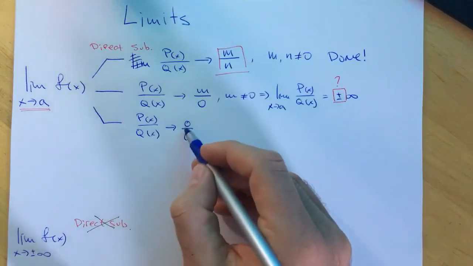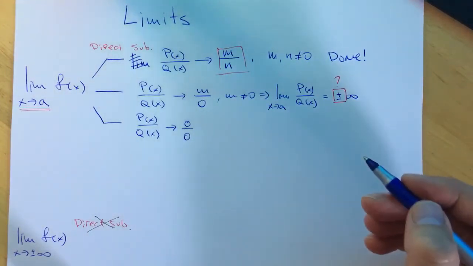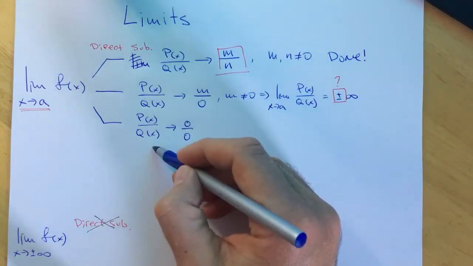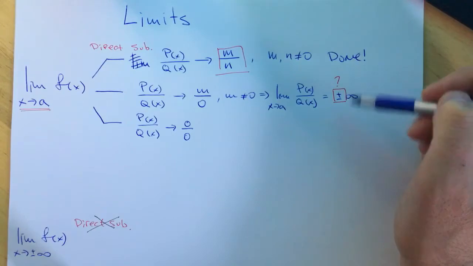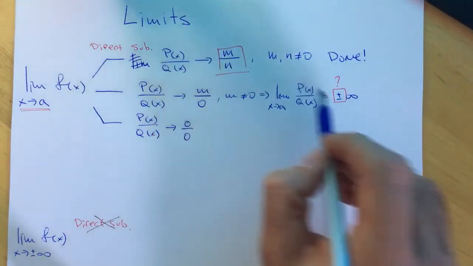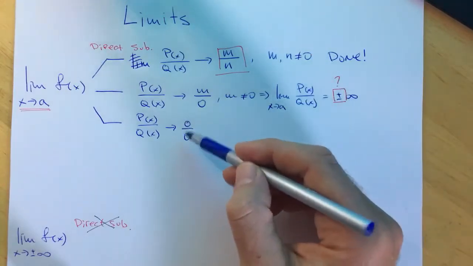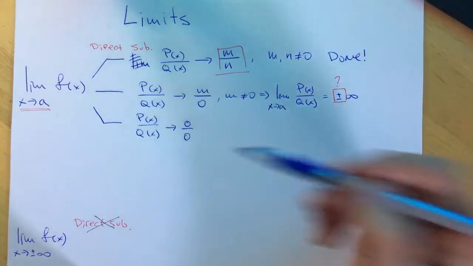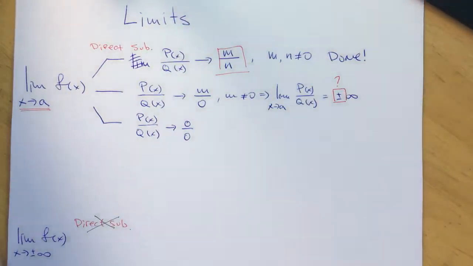So if you have a 0 over 0 limit, you have to do some kind of manipulation with this expression, which will lead you to one of these two cases. As you can see, these two cases give you an answer. 0 over 0, you don't know how much it is, so you have to continue working on it.